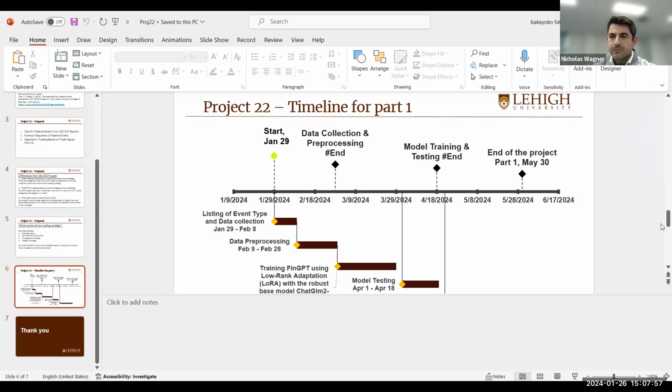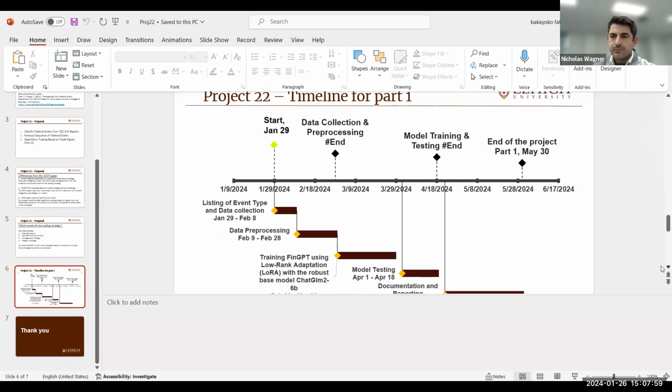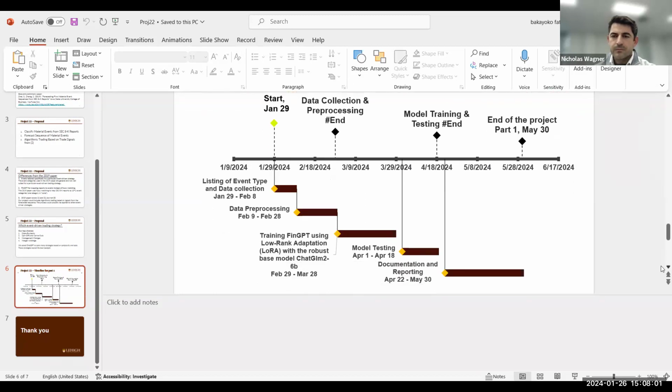And we thought about documenting and reporting everything that we will be doing throughout the previous month. The end of this report will be at most on the 30th May.